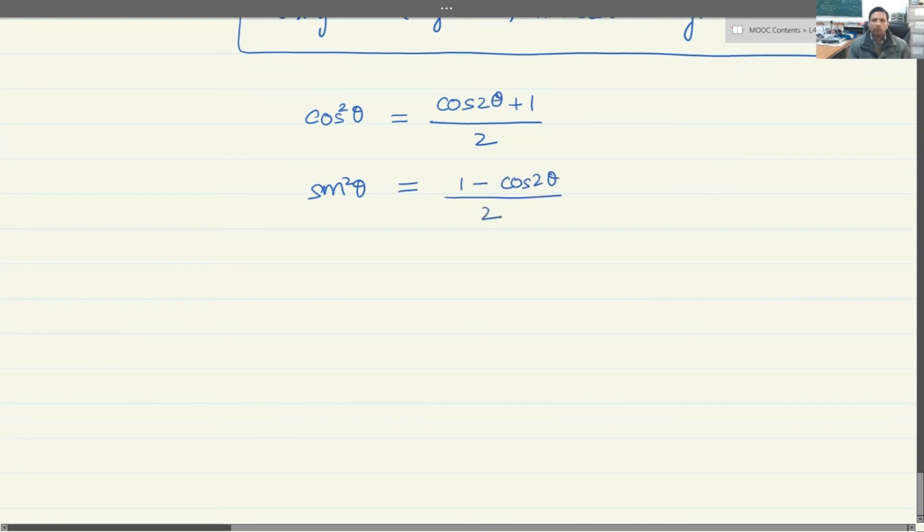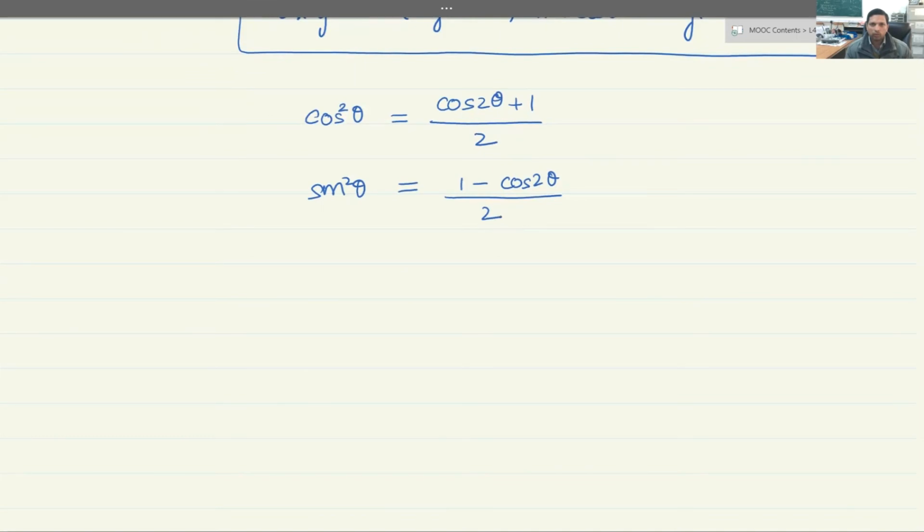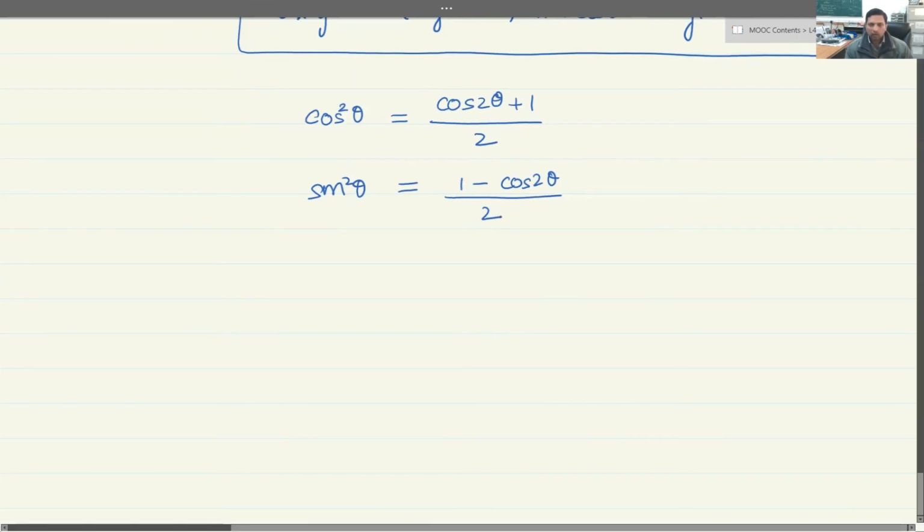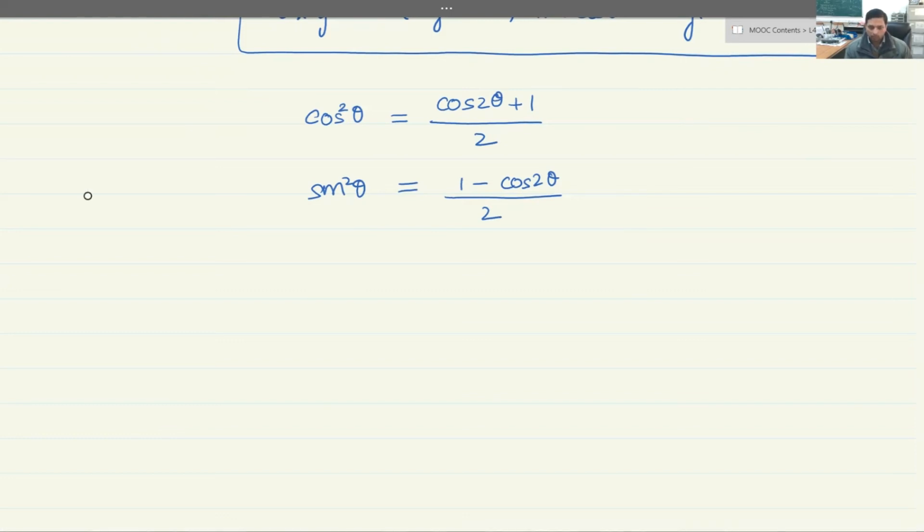So basically what we are doing is transforming this equation from theta to 2 theta format. And there is a reason.